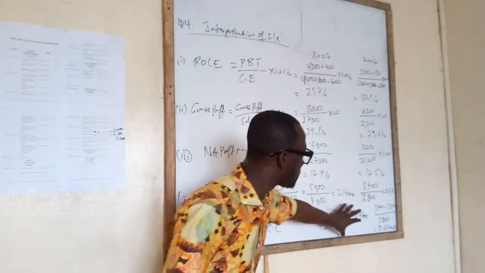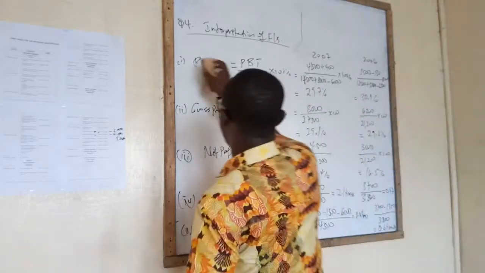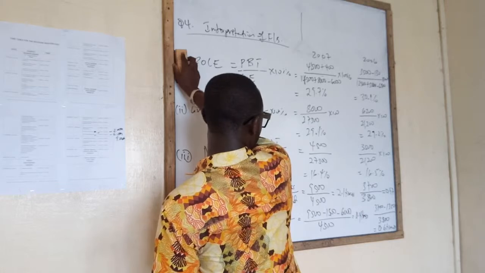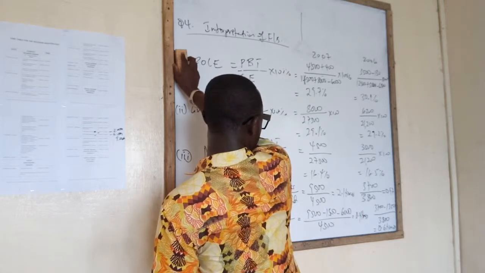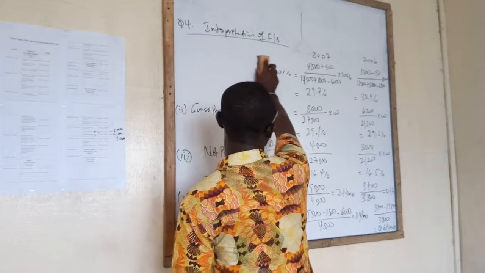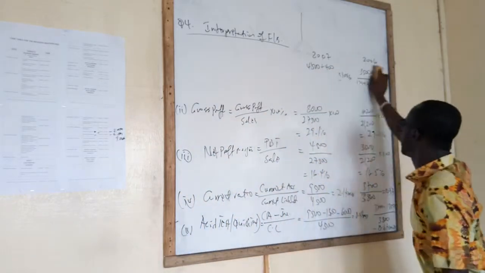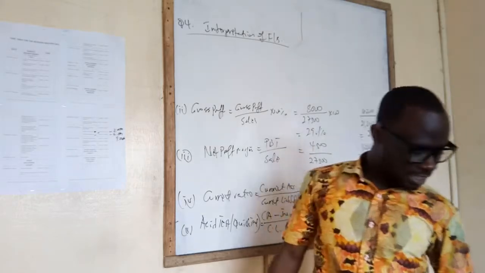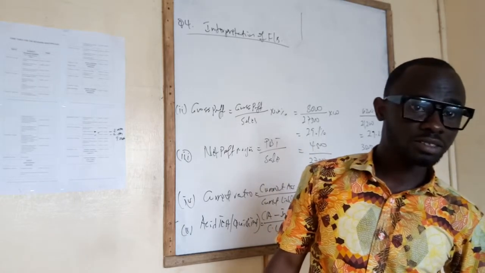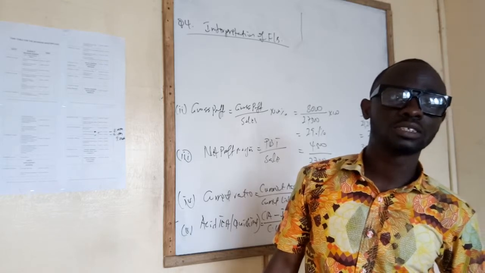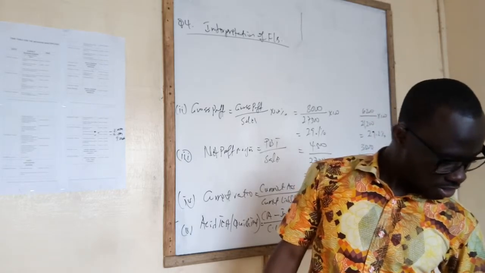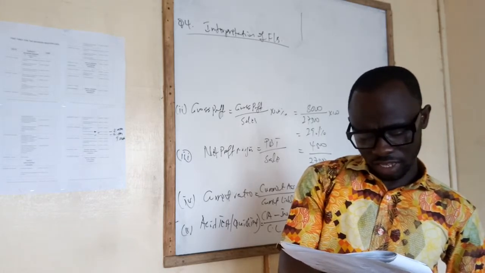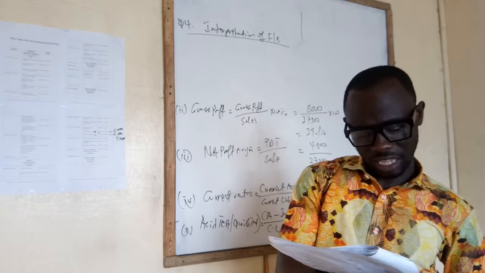For 2006, was there value for asset held for sale? It's nil. Check your balance sheet. Where is the note? The carrying amount for asset of discontinued operation is 6,300.